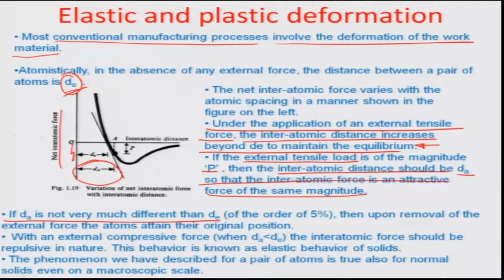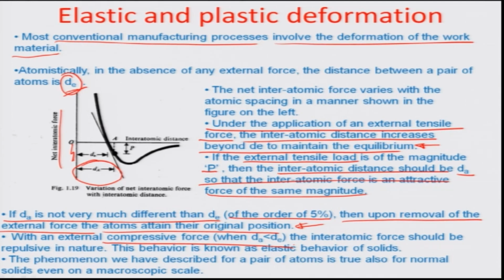Okay. So, if dA is not very much different than d, let us say of the order of 5%, then upon the removal of the external force, the atoms would attain more or less their original position. But a similar thing would happen in a compressive force. Obviously, with compressive force, the actual distance dA because of the application of that external force would be lesser than d, and so when you remove that force, there have to be repulsive forces generated in the system, which will take the system back to its equilibrium distance d.